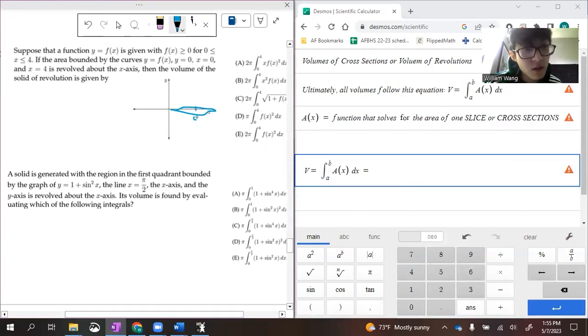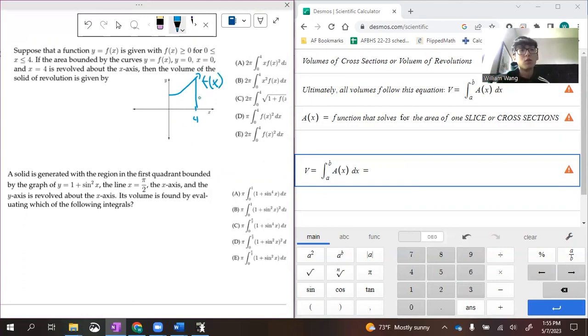So let's say 4 is right there. If the area bounded by the curves y equals f of x, let's just say this is f of x, y equals 0, x equals 0, and x equals 4 is revolved around the x-axis, the volume of revolution is bounded by what?